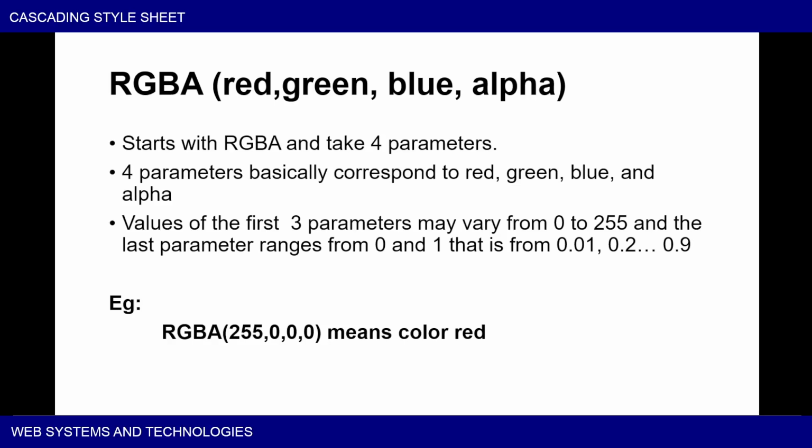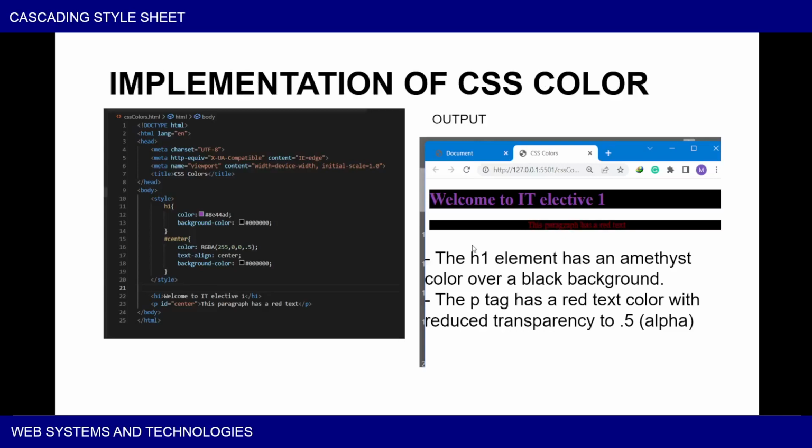Okay, so let's check an example implementation of using the colors that we have. Let's take a look at this example. This is for the first one, which is the RGB. I have here code on the left side. If you can see, we have a style over here. This is our CSS.